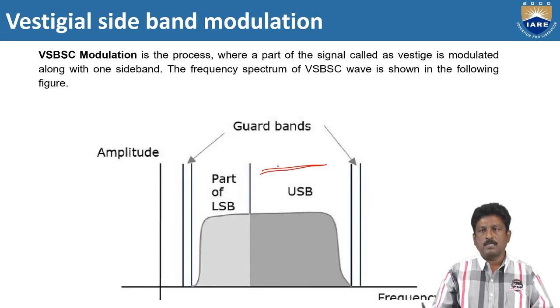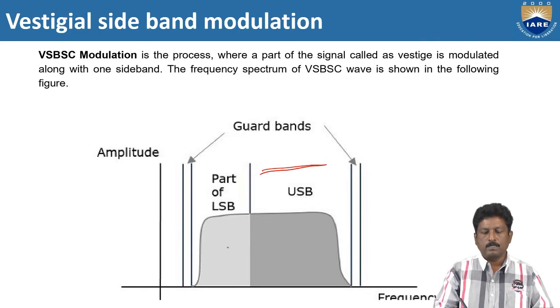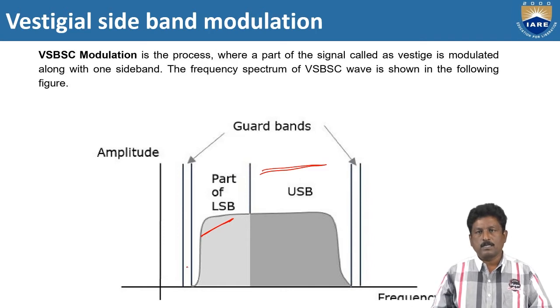This is one complete sideband, the VSB upper sideband. Along with this upper sideband, you can transmit the other part of the sideband, that is the LSB, lower sideband. So in case of the VSB modulation technique, we are transmitting one complete sideband plus a partial part of the other sideband.